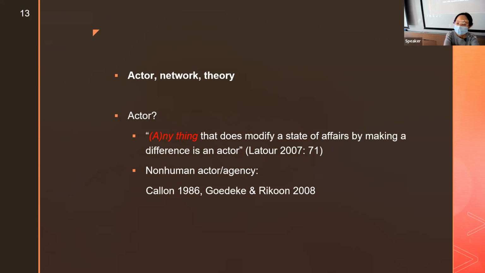It means that anything, people or things, that can make change to any course of action or to any course of development can be seen as an actor. So it is interesting to see that in ANT, not only humans can act, but also non-humans can be seen as actors, and they also have agency in society.